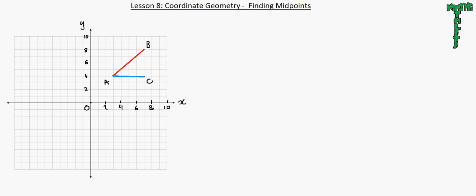As we know, we could have counted along the squares. We could have said 1, 2, 3, 4. So AC equals 4.